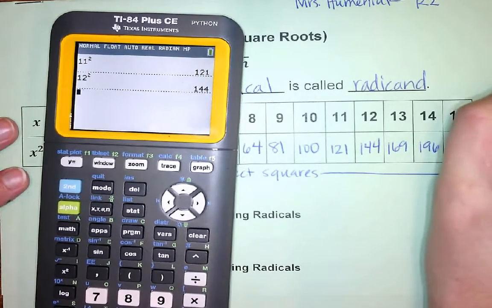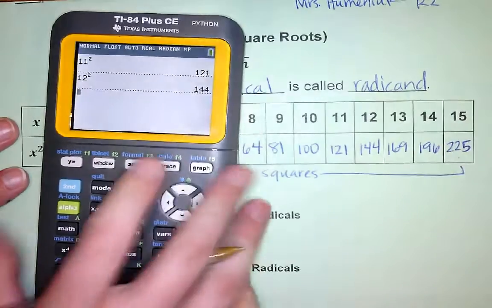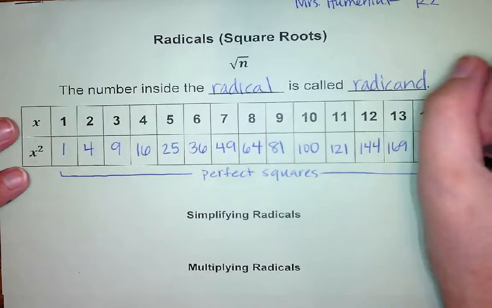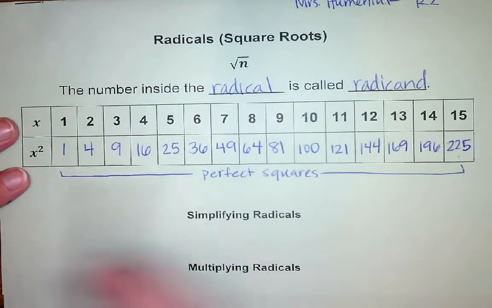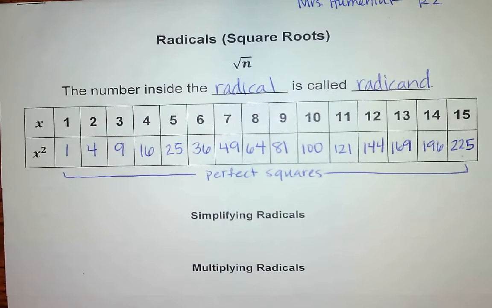But guys, once you get past 20, it's a little bit harder for me. I would recommend having these 1 through 15 perfect squares in your brain somewhere. All right? So lock it in there and have that stored in your brain.